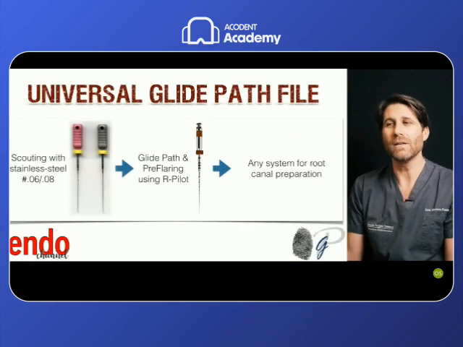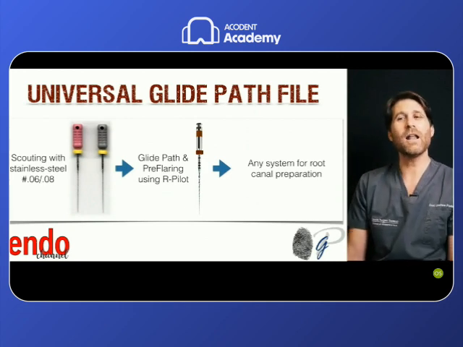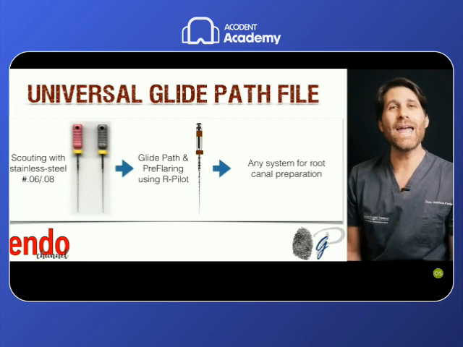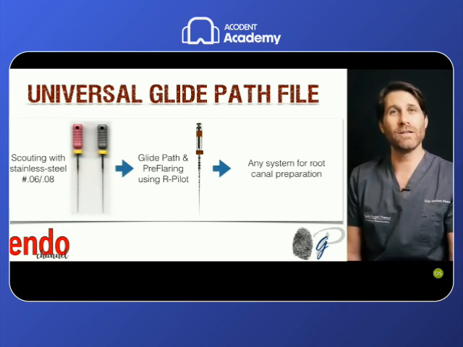And we can use it as a universal glide path because the indications for the use of this file are that we can only scout the root canal up to a size 8 stainless steel file. We don't need to create a glide path, a smooth radicular tunnel, with a size 10 stainless steel file.